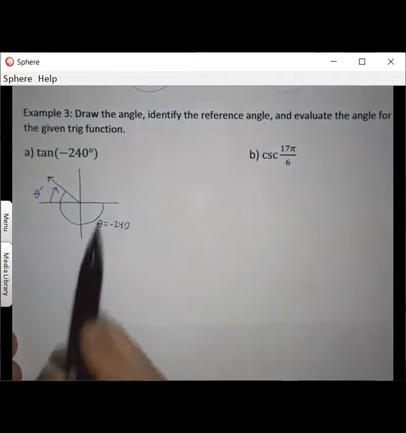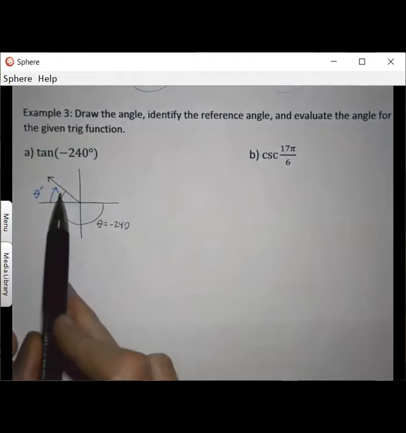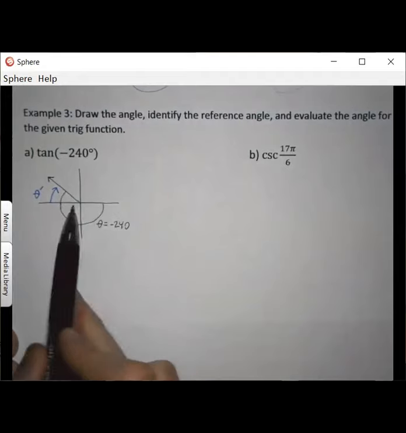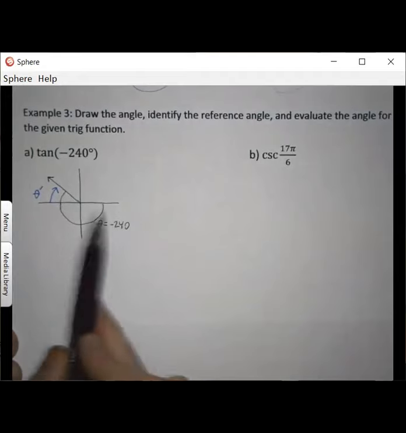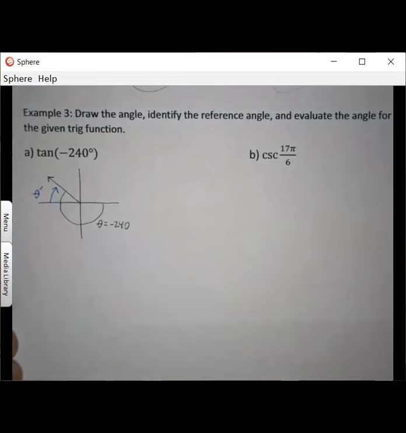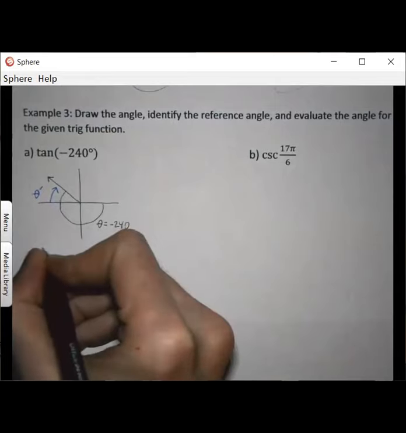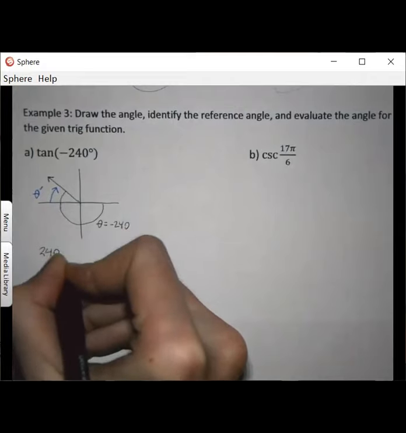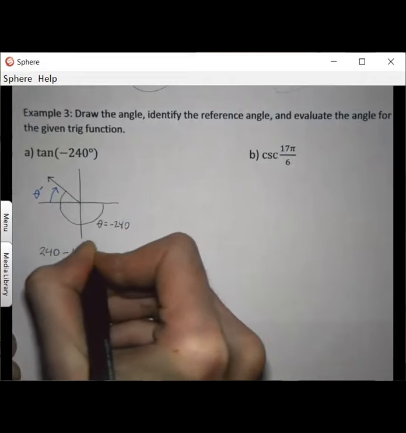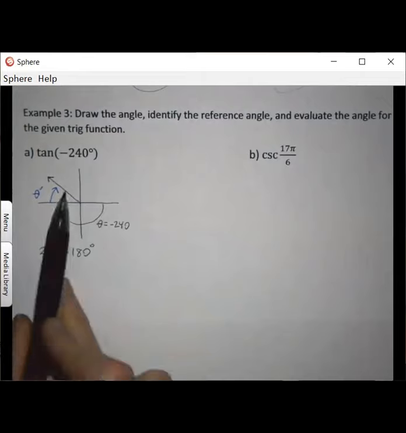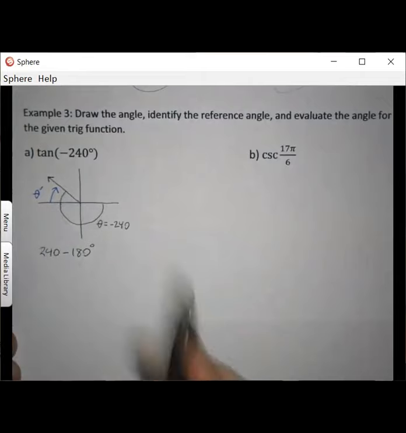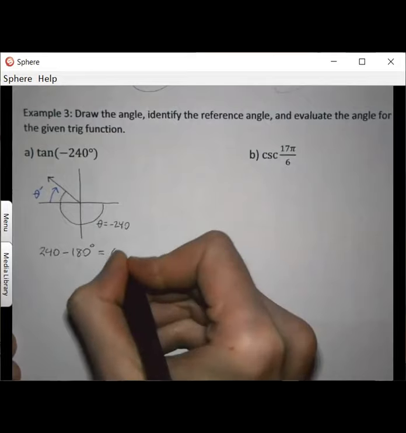And we can see if this is 240, if I take away this bottom piece, 180, we'll get my reference angle. Or I will say the entire angle 240 minus 180. So 240, take away 180, will give me my theta prime, which is 60.